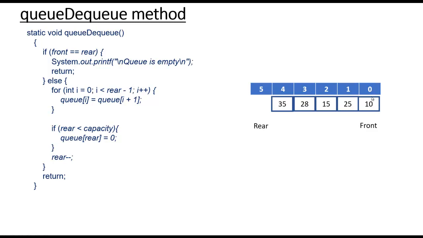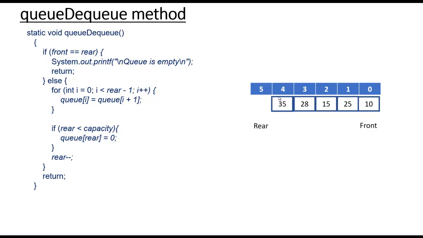Because we are deleting this element 10 from the 0th index, all these elements are getting moved from here to here and here. But you see this 35, actually when you override this 28 with 35, this index will still be set to 35. We have to reset this index to 0, so that it will not look like the value after deleting the 10 will be 10, 25, 15, 28 and 35.